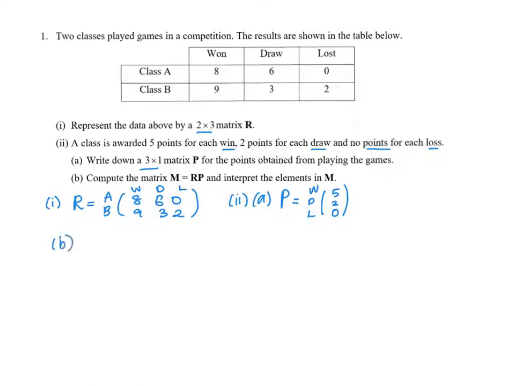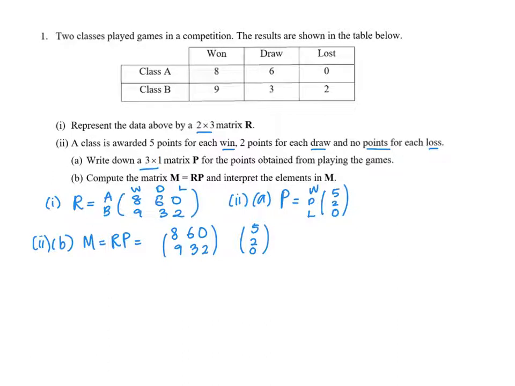Interpret the elements. So part 2. We will have the following, multiplied to 5, 2, 0.